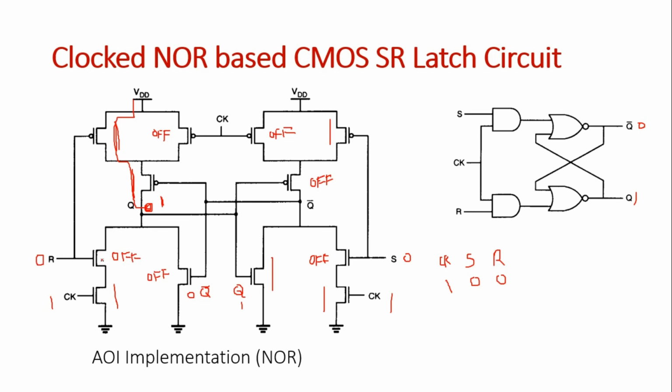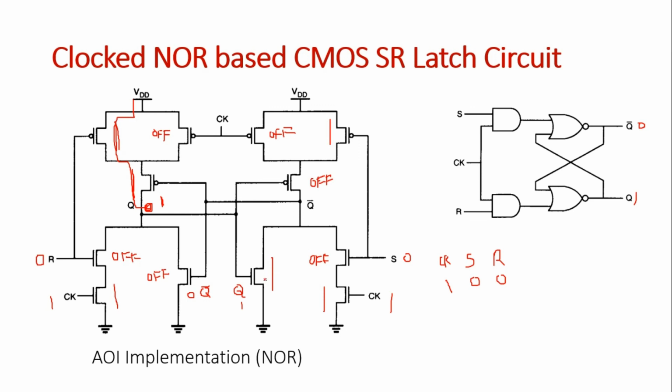Here you can see that this is off, so open circuited, and this is again off, open circuited. So this part will not come into the picture. At this side we can say that this is off, this is on, but this particular transistor is off, so this full part will not come into the picture.